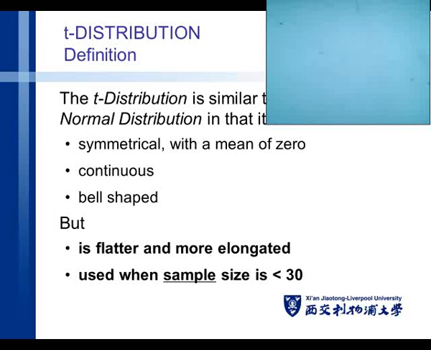And it is the right distribution to use when you do hypothesis testing with a sample size less than 30. Okay? So, when you have a small sample size, instead of comparing values from a normal distribution, you compare values from a t-distribution. Okay?